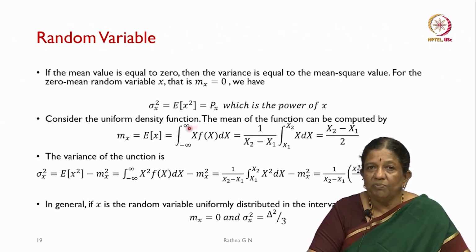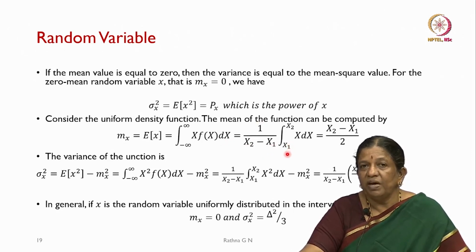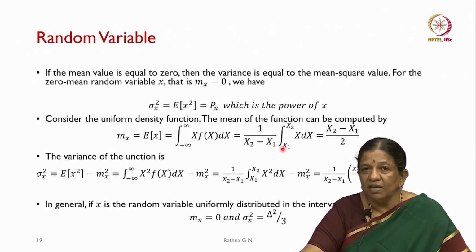Consider the uniform density function. The mean of the function can be computed as mx is equal to expected value of x, which is nothing but the integral from minus infinity to infinity of x into f of x dx. We have seen the uniform density, which is substituted as 1 by x2 minus x1. So, integrating from x1 to x2 of x dx results in x2 plus x1 divided by 2.